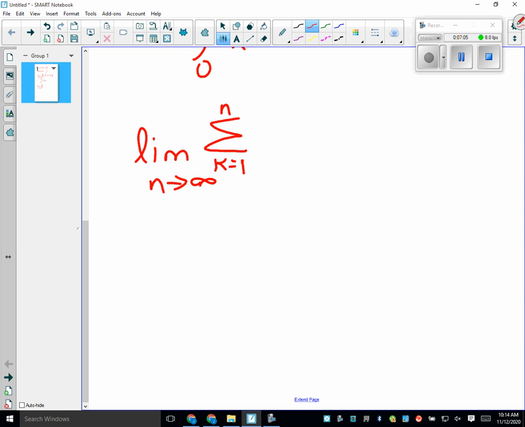This time it is the square root of 4 minus c sub k squared delta x from 0 to 1. All I'm doing is writing it as an integral.